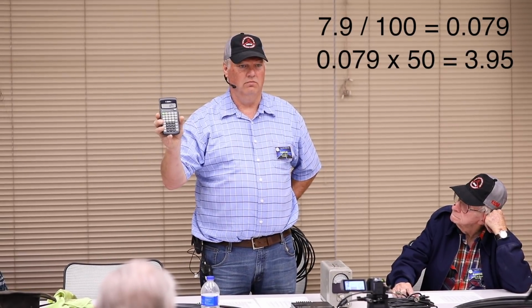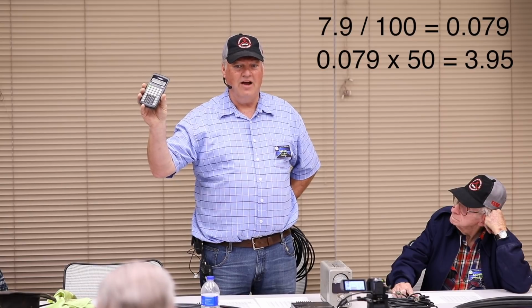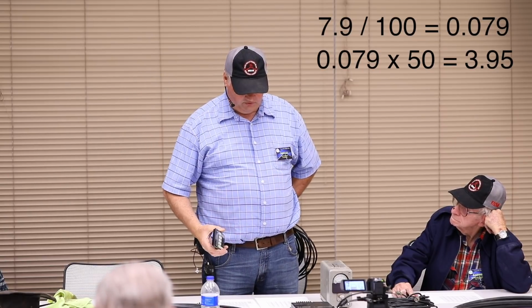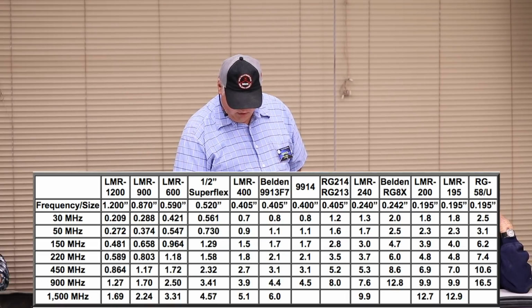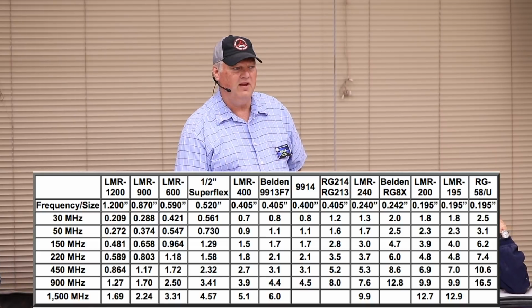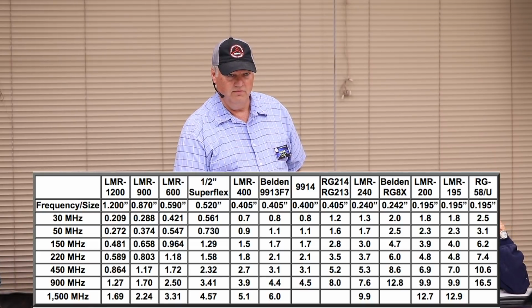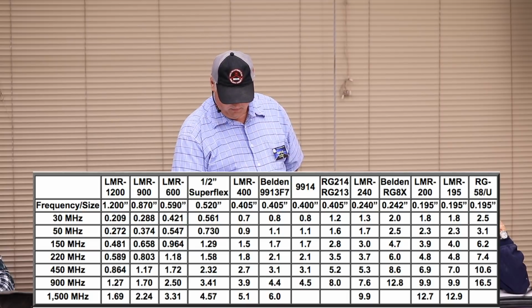So what if I have 50 feet? Multiply it times 50, and that will get me close. So now I'm at 3.95 as my calculated loss at 400 megahertz. Now I'm going to intentionally have you look, on the same sheet, down there and find 450 megahertz, right at the top edge of the ham band.